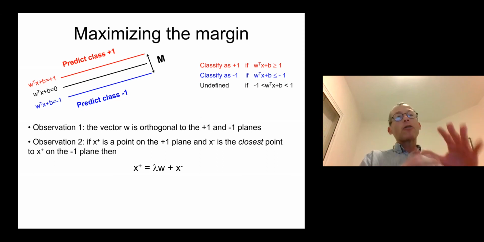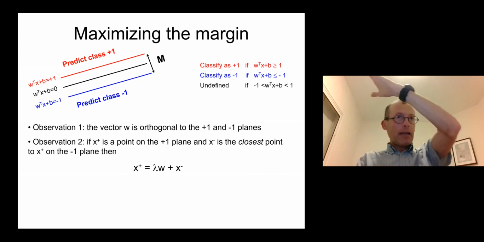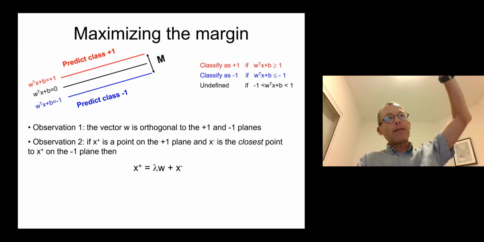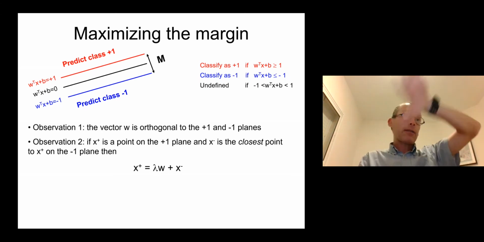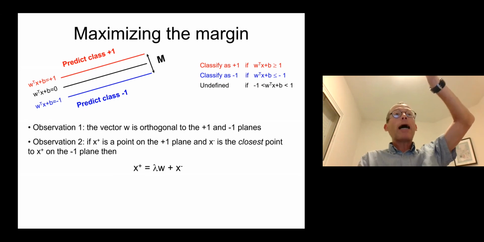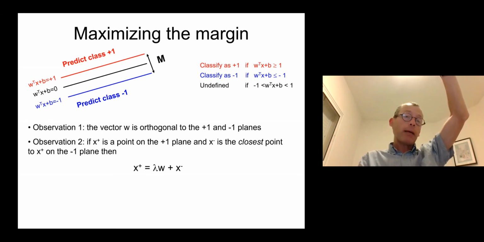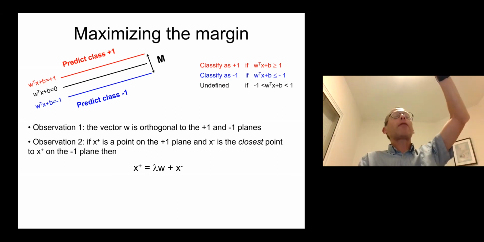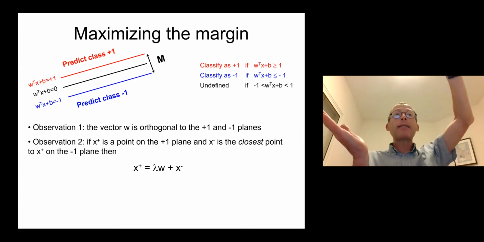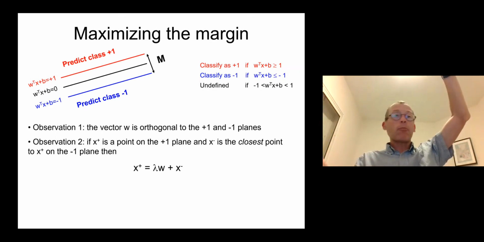It's W. So if I take a point on the +1 plane and go along W, W is just the direction, it's a vector, I will get to the -1 plane at some stage, because I'm going at 90 degrees. And when I get to the -1 plane, I'm guaranteed that I will get to the closest point to my point, because we have a 90-degree angle both in this plane and in this plane when we are going with W. The only thing I don't know is what's the distance between these two.